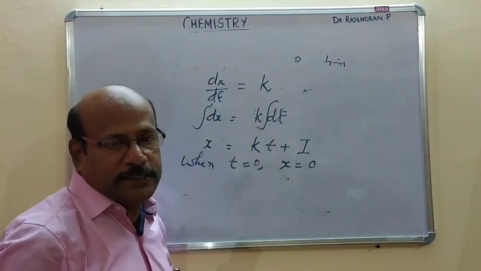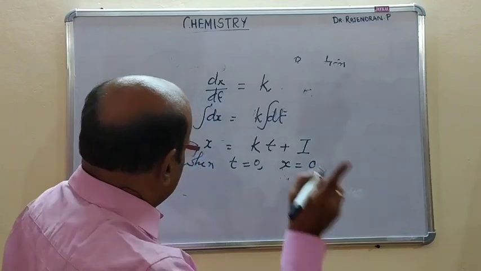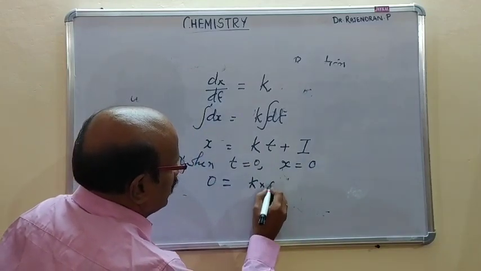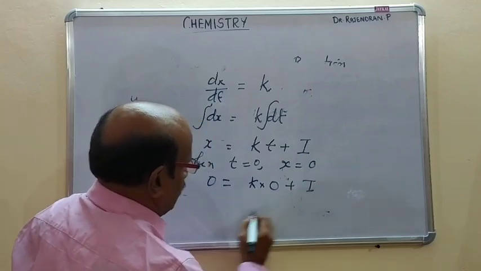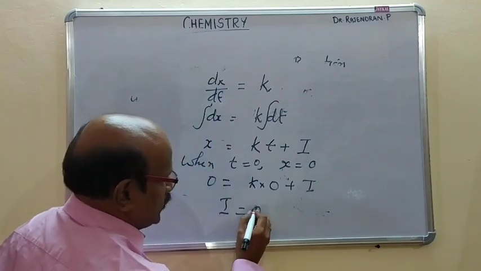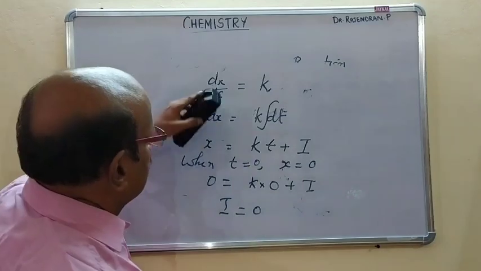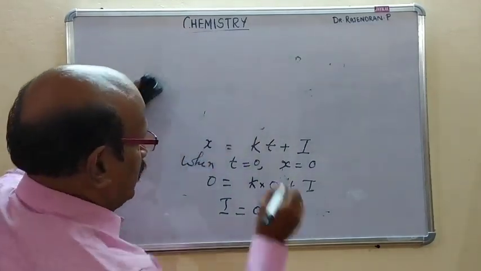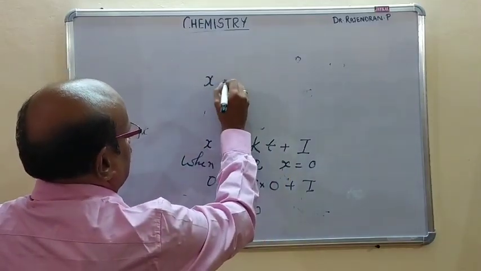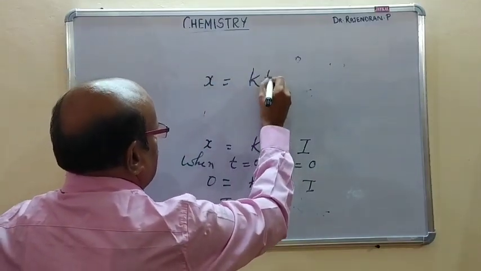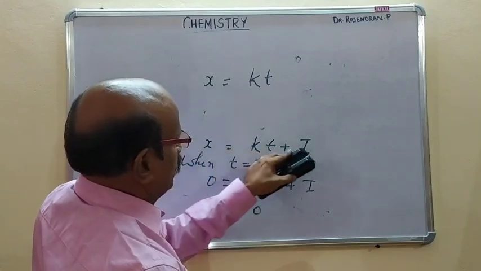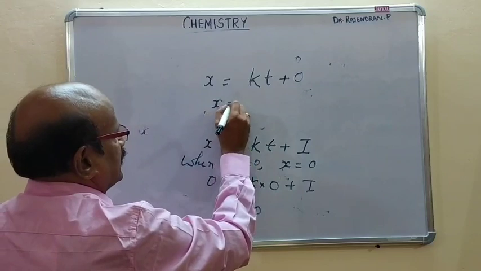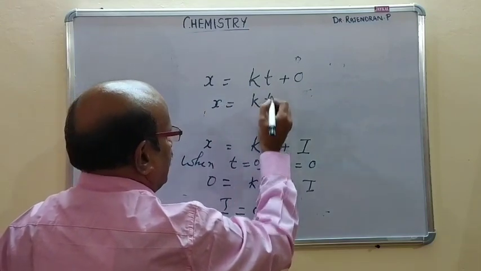So we have 0 is equal to k into 0 plus I. Now I is equal to 0. Then substitute the value of I in the equation: x is equal to kt plus 0, or x is equal to kt.